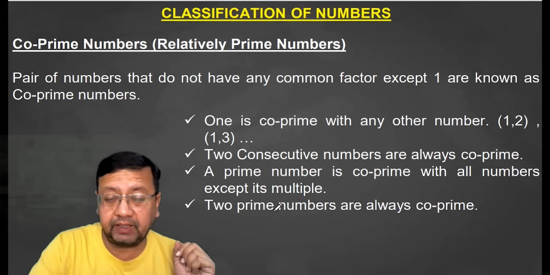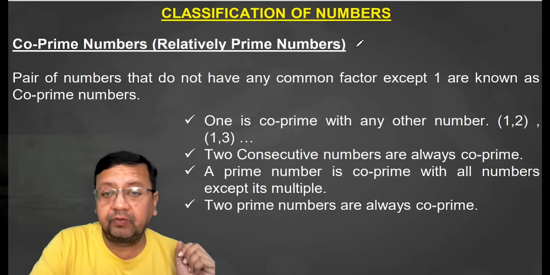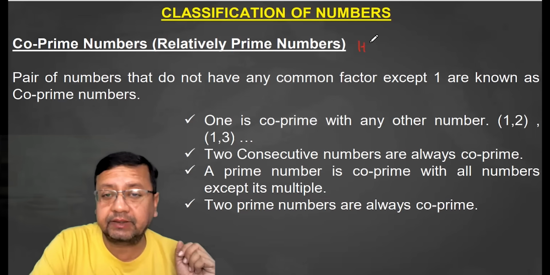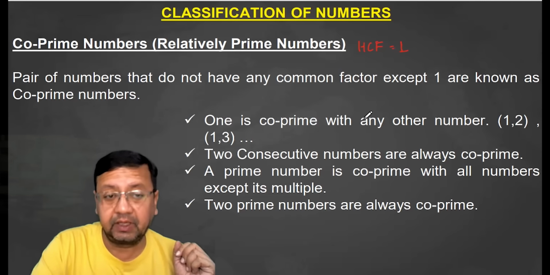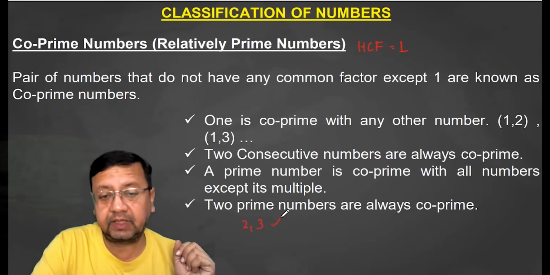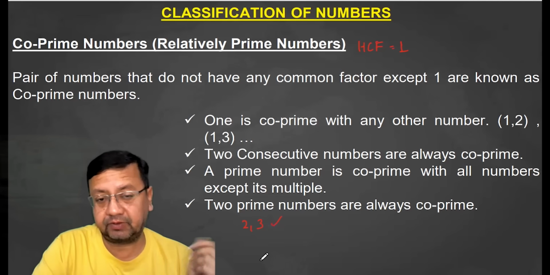And how can I find it? When the highest common factor, the HCF, of the given numbers is 1, then I can say the numbers are co-prime. So for example, if I say 2 and 3, yes, they are co-prime. Both are prime, and they are co-prime.